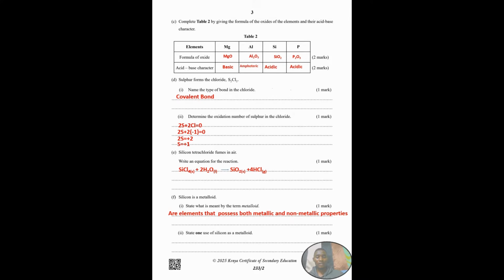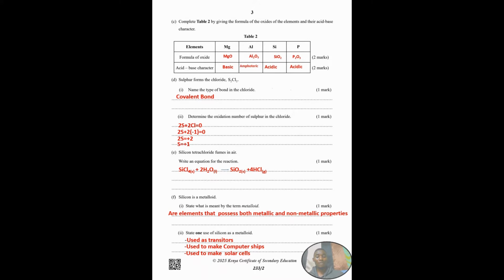Metalloids are elements that are commonly used in many applications. Some of the applications: they are used as transistors. They are also used to make computer chips, and metalloids can also be used to make solar cells.